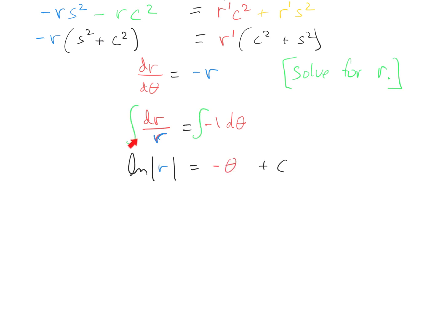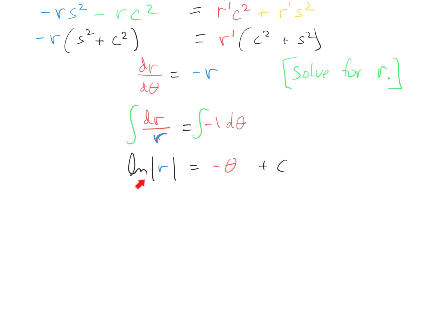So the antiderivative of 1 over r with respect to r is a natural log of the absolute value of r. And the antiderivative of negative 1 with respect to theta is negative theta plus some constant. A lot of things here from AP Calculus AB last year. All right, we're trying to solve for r, and we're so close.